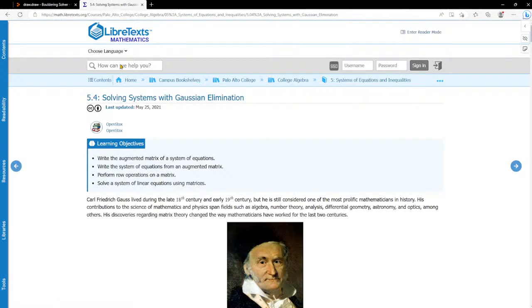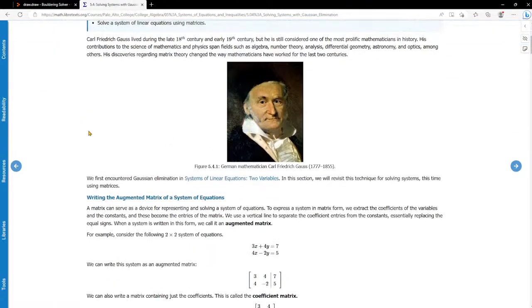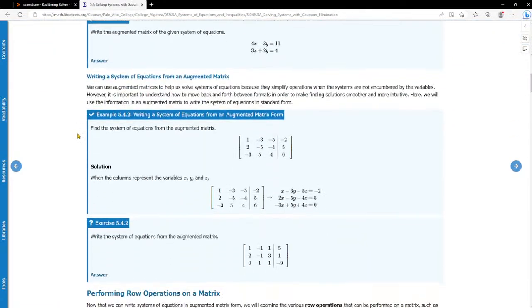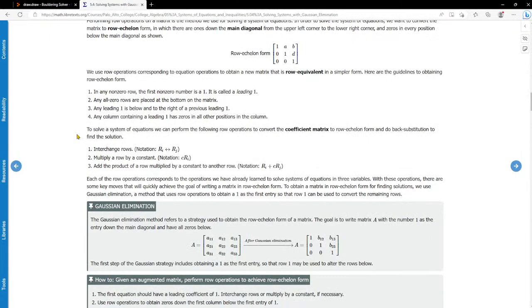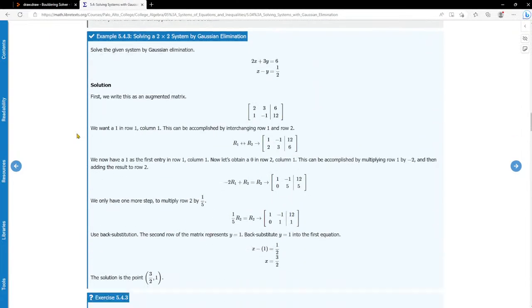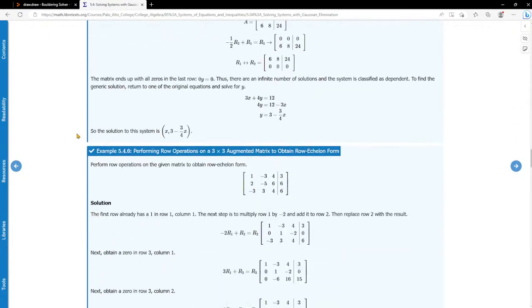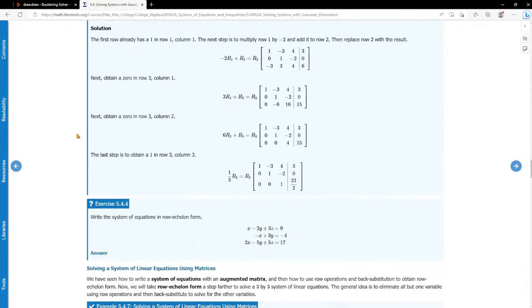Oh, geez, this looks pretty spiffy, this website. Okay, here's an example of one that doesn't have a unique solution.